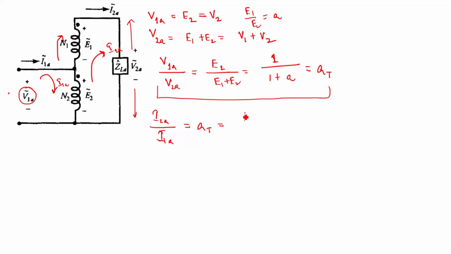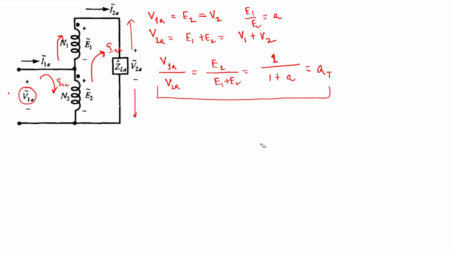That is nothing but is equal to I1 by, so I1 is how much? I1 is equal to I1A. So I1 is flowing in N2, right? Okay. Sorry, we'll write in this fashion.